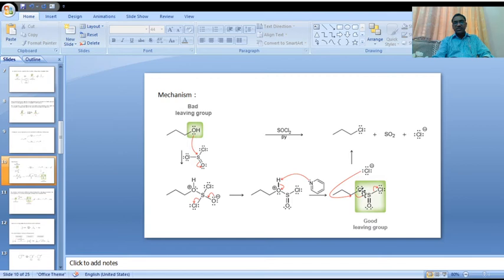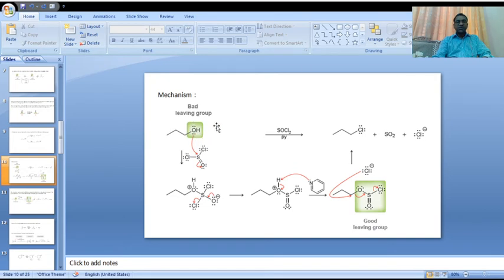This bulky SO2Cl group acts as a good leaving group when compared with the first leaving group. This is the bad leaving group.